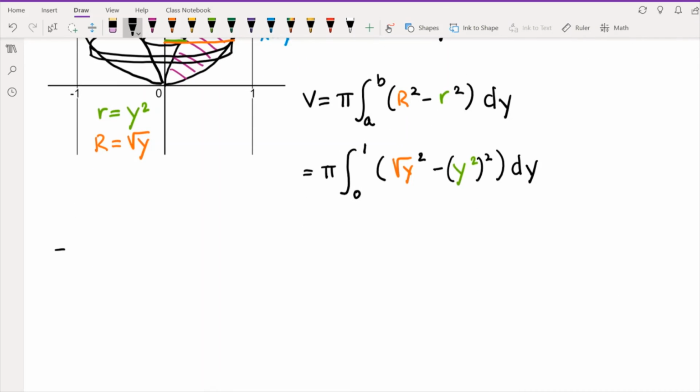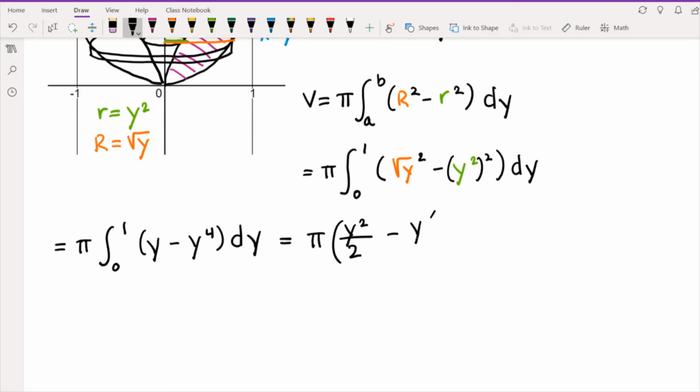So that's going to be equal to pi times the integral from 0 to 1 of just y minus y to the fourth dy. So our antiderivative is going to be y squared over 2 minus y to the fifth over 5. And we're evaluating at 1 and at 0.